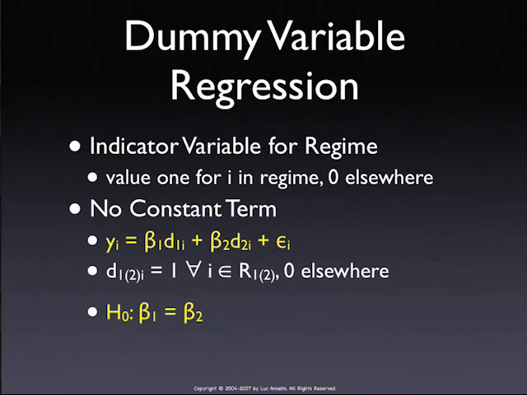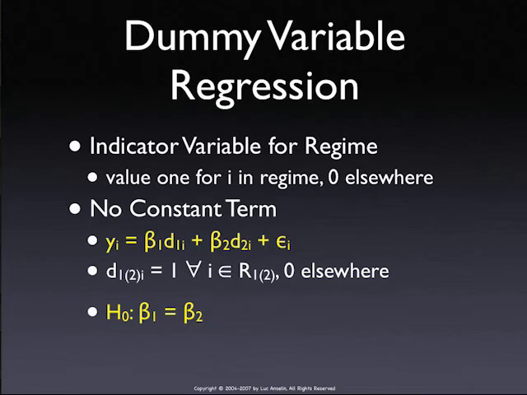So the way this is implemented is very simple. If you have no constant term, then you regress the dependent variable, there's only really one variable of interest here, on dummy variables. One is 1 for one region, the other one is 1 for the other region, and 0 otherwise. In that case, you can test a null hypothesis of the betas, which are the dummy variable coefficients, being equal.